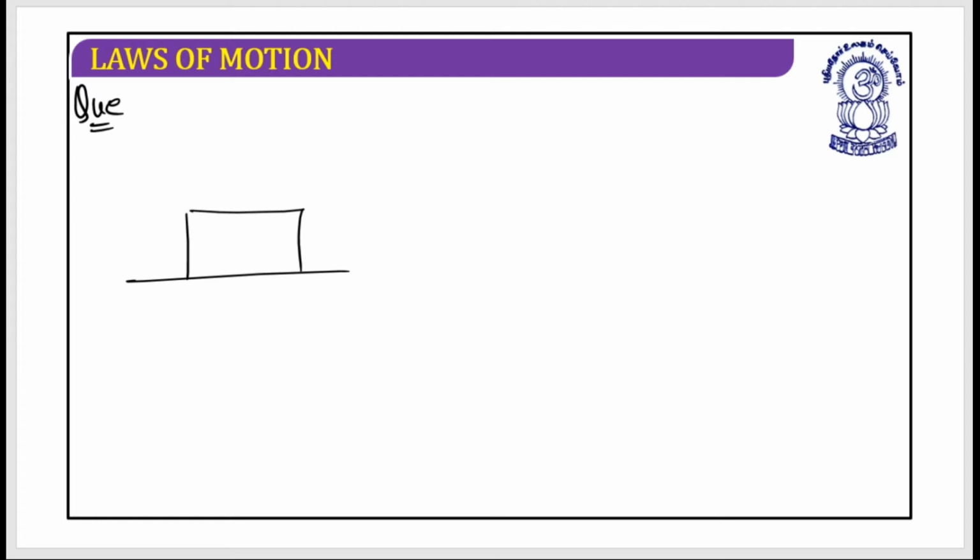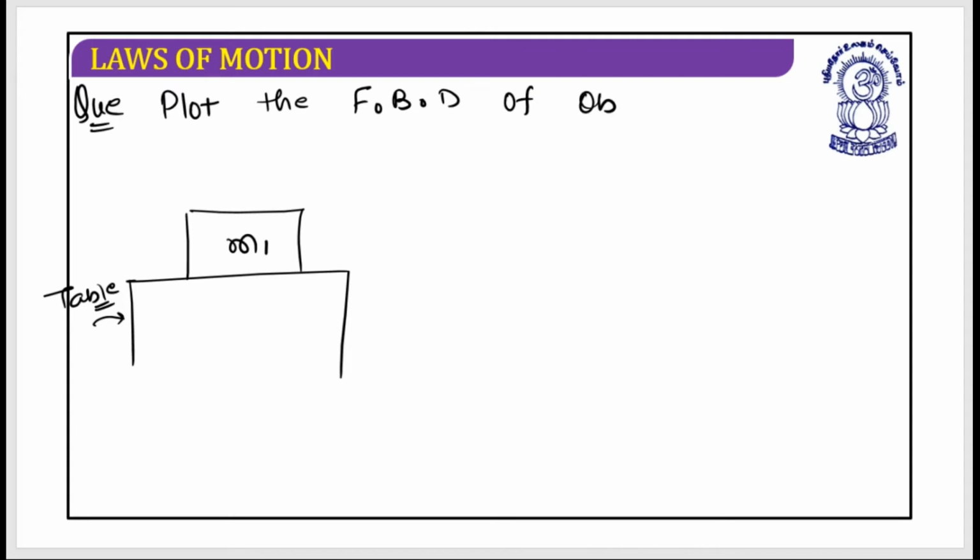Let's suppose that this is M1 and this is a table. They say plot the FBD, the free body diagram of object M1. So I need to plot the free body diagram of this object M1.